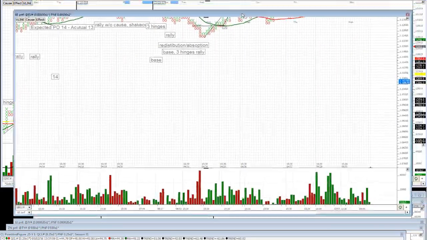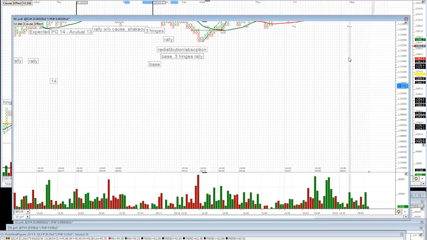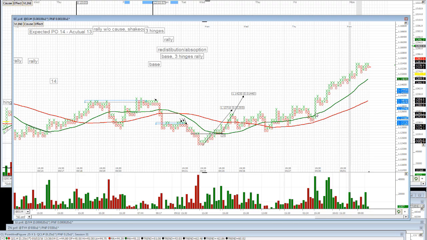Next is the euro. It's a runaway market also. Don't even try to predict. There may have been a base here somewhere, and now it's just going. So you don't try to predict.